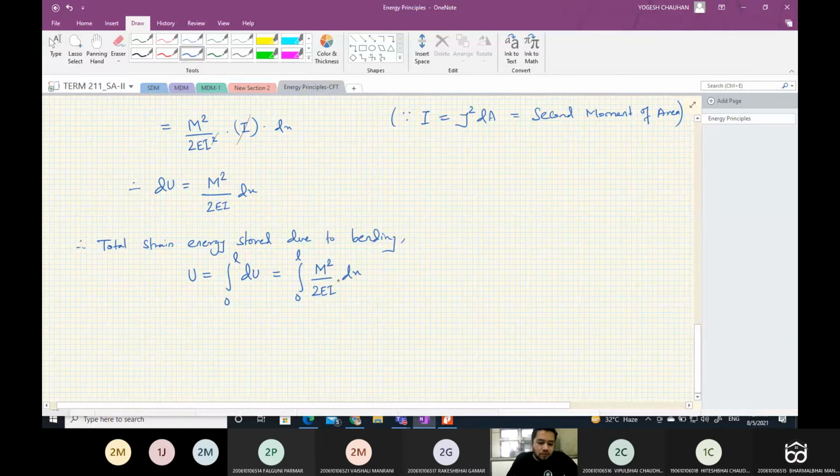This is the expression for the strain energy stored due to bending, M square by 2EI dx.